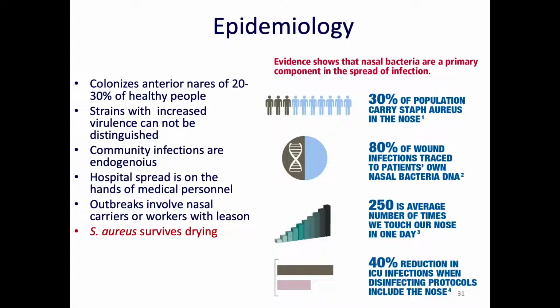Outbreaks involve nasal carriers or workers with lesions, and as we already mentioned, Staphylococcus aureus survives drying and survives on surfaces, and that's why disinfection should be done very frequently in hospitals, and the disinfectant should be changed so that we avoid resistance to this or that chemical agent.